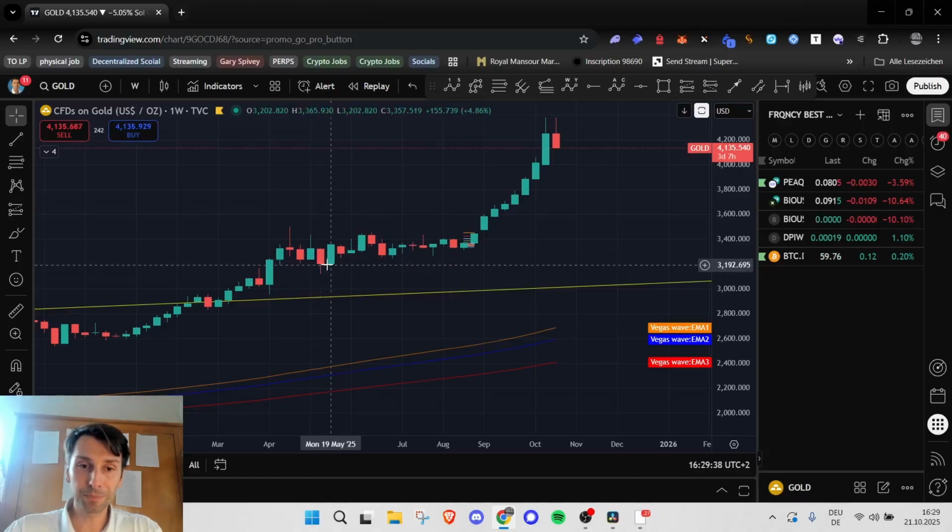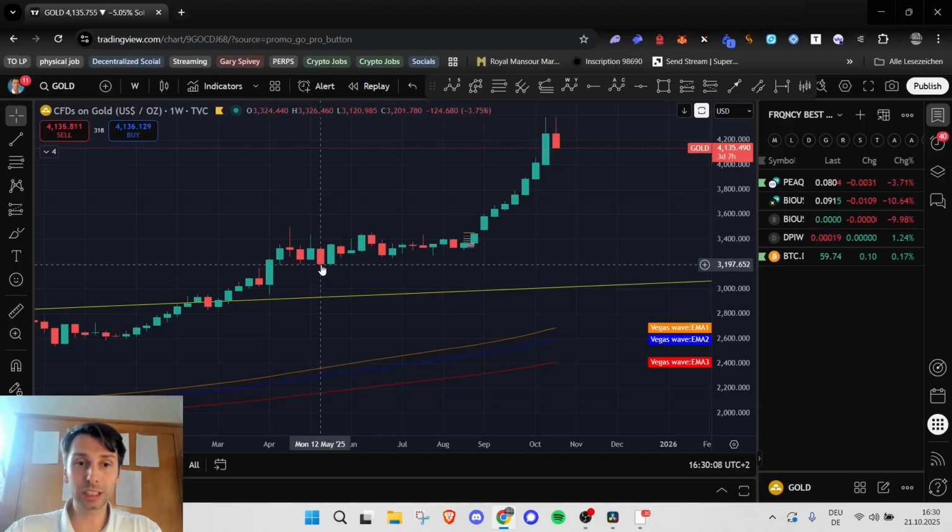In this case, after this red candle, it started at the top and ended at the bottom, so it turned into a red candle. And the new week starting, you started the candle at the bottom and ended it at the top, so at a higher price. So in this case, it's a green candle. The wicks you see below the candles are price fluctuations in this week.